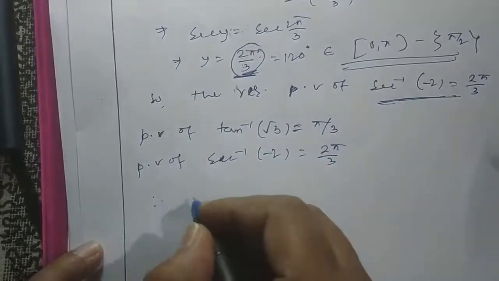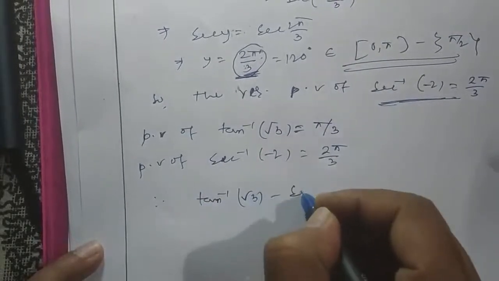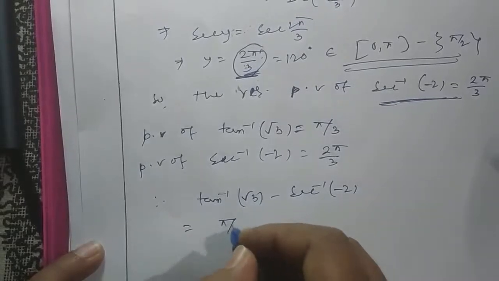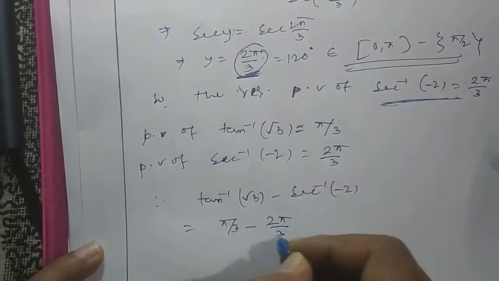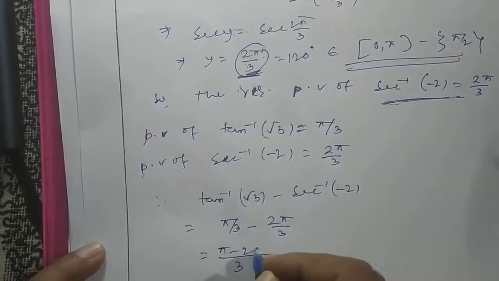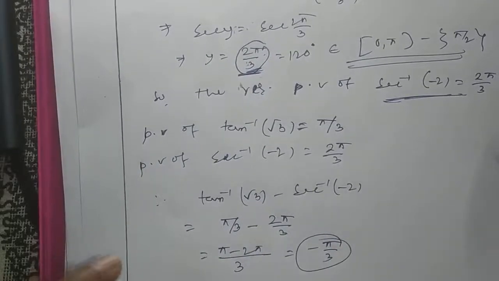So tan inverse root 3 minus sec inverse minus 2 will be, putting down the values that we got here, pi by 3 minus 2 pi by 3. Taking the LCM 3, it will be (pi minus 2 pi) by 3, so minus pi by 3 is the answer.